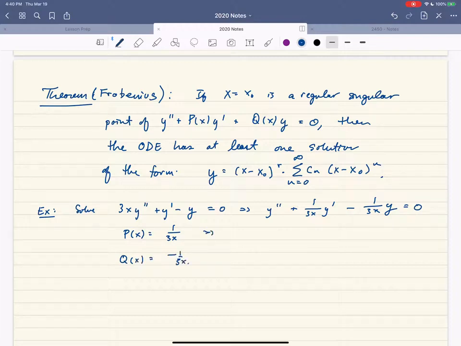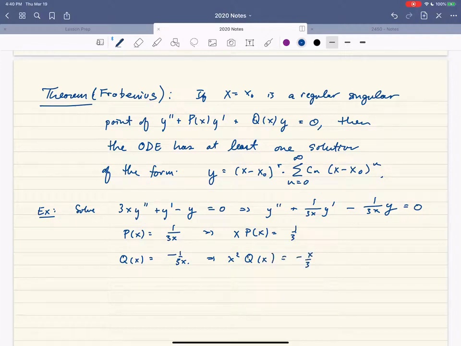I just want to point out that 0 is a singular point because we're going to have a problem with power series centered at 0, but it's a regular singular point because if I look at (x - 0) times p(x), you end up with 1/3. And if I look at (x - 0)^2 times q(x), you're going to end up with -x/3.